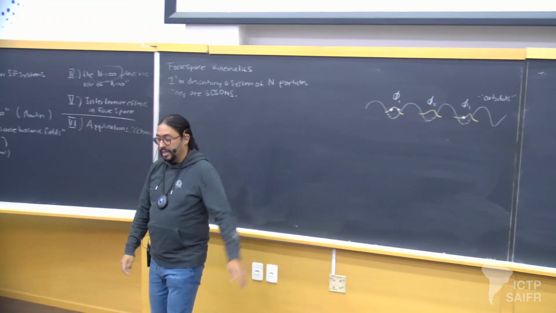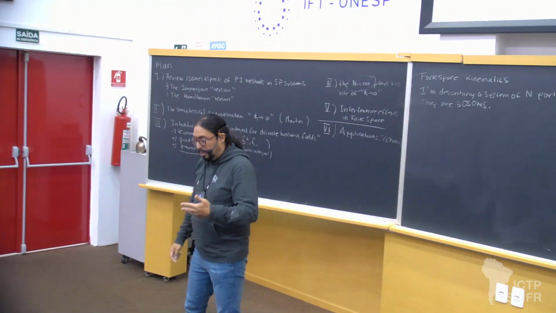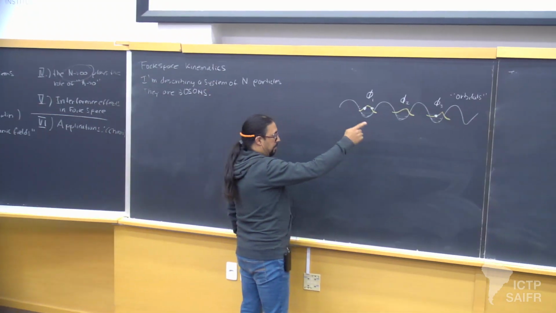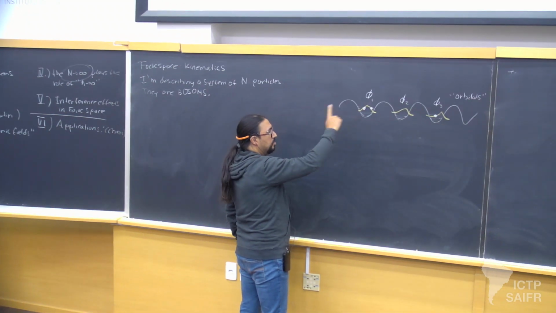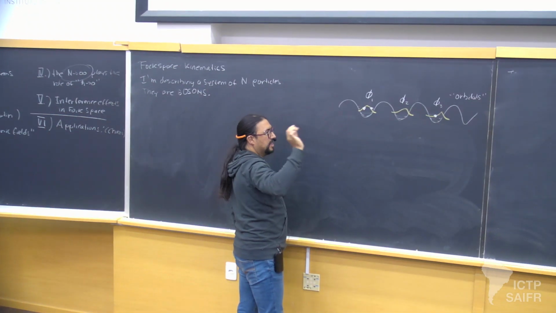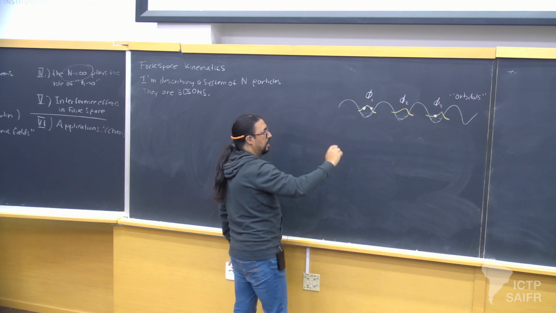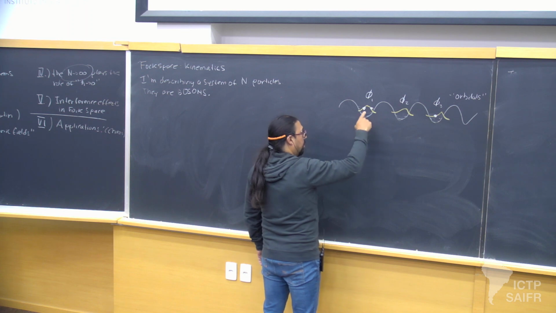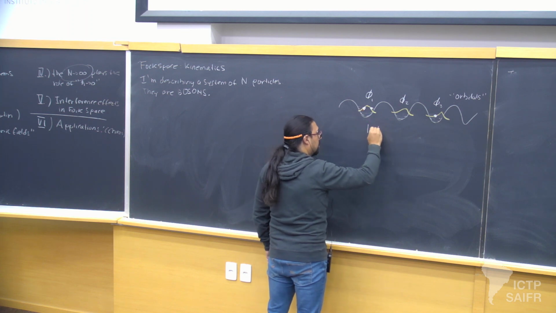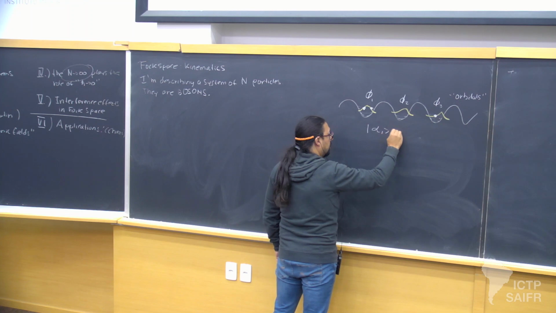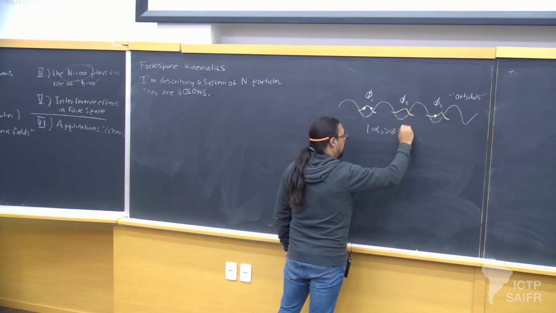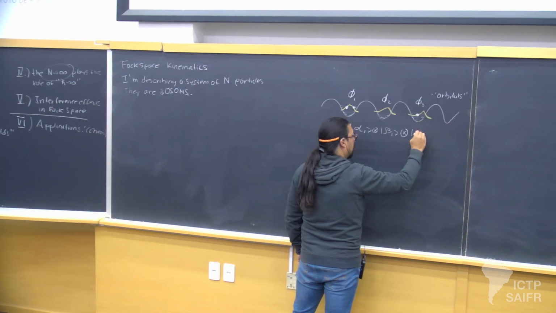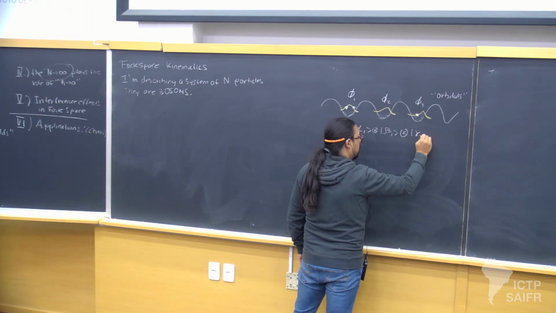The postulates of quantum mechanics tell us that a possible quantum state, let's take the particles for the moment to be non-interacting, will look like the particle alpha in the orbital 1 times the particle beta in the orbital 1 times the particle gamma in the orbital 3.